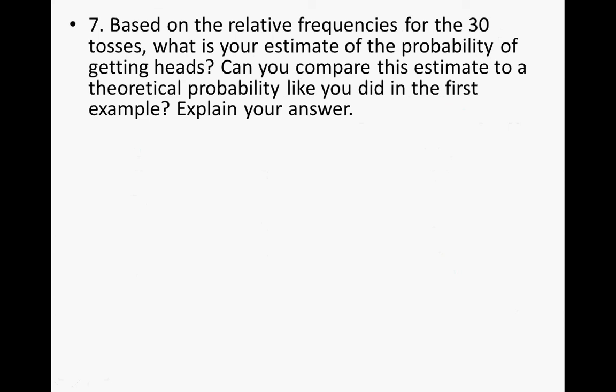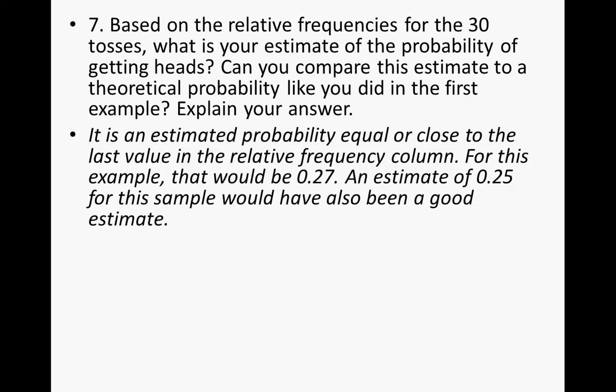So based on the relative frequencies for the 30 tosses, what is your estimate of the probability of getting heads? Can you compare this estimate to a theoretical probability like you did the first example? Explain your answer. Well, the estimated probability is equal or close to the last value of the relative frequency column. For this example, that would be 27/100ths.